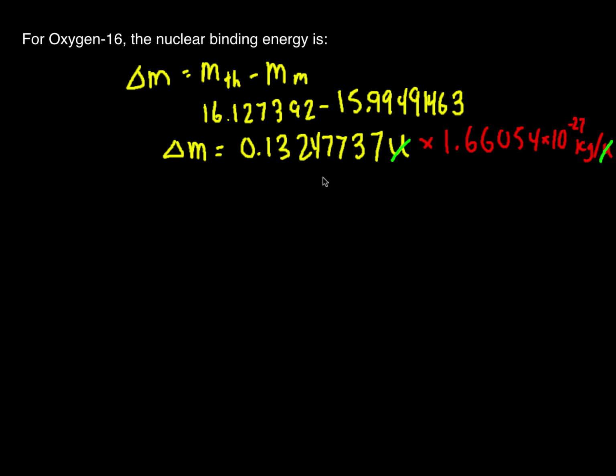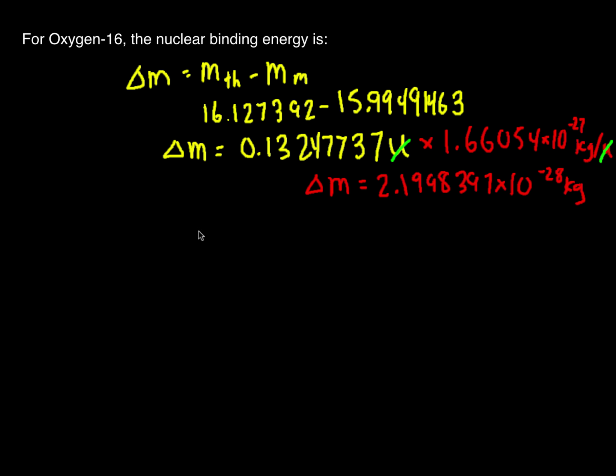This gives us a delta M equal to 2.1998397 times 10 to the negative 28 kilograms. It seems like a really small amount of mass, but remember the electron is 9.11 times 10 to the negative 31 kilograms, which is significantly lighter than the missing mass.